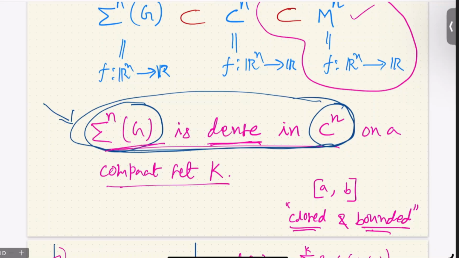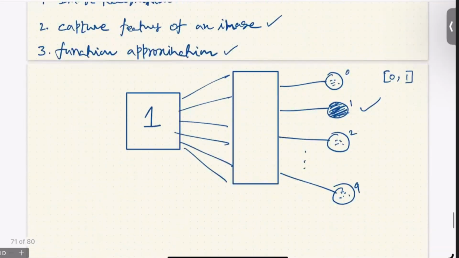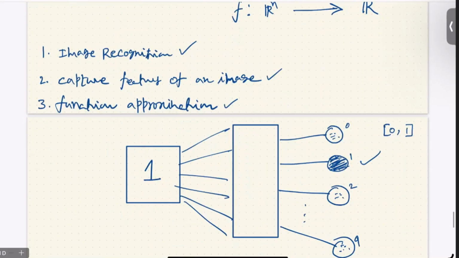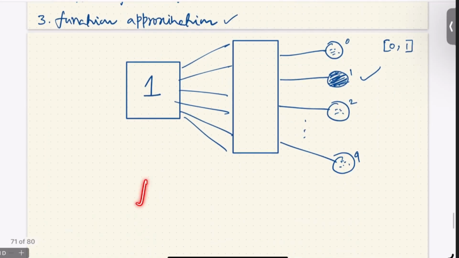Now you can ask me why, from the very beginning. If we see the image is recognizing something like this one, and some other image you give it, and it is recognizing this one, that means this is a neural network. That is a function of some class, and of course this is a function from some R^K to R^10.